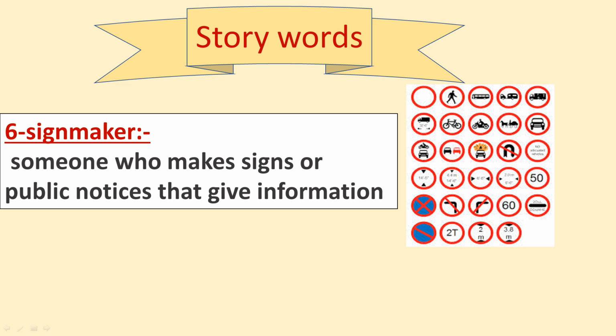Here also, for example, we have don't turn to the left sign, don't turn to the right. So these are called the street signs. The sign makers in the past did all of these signs alone with their brushes and their paint. They worked hard to make all of these signs.